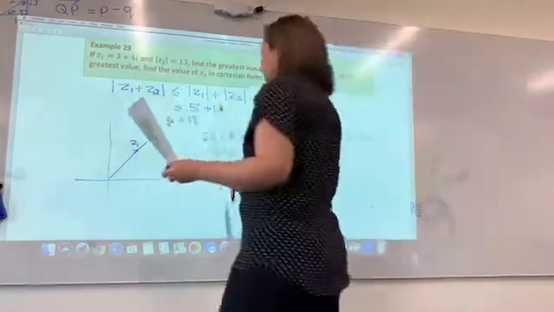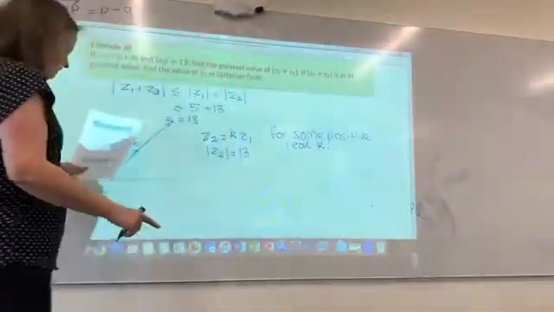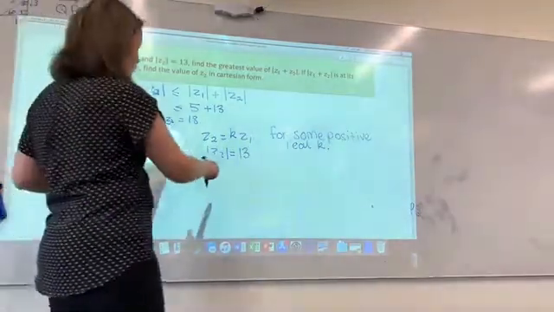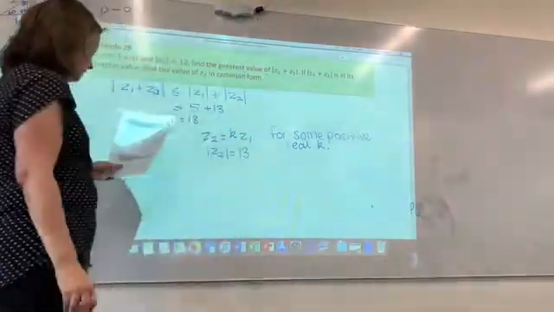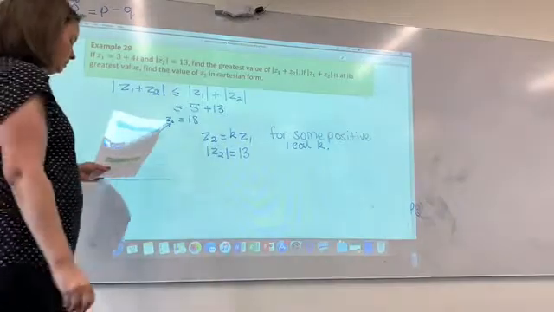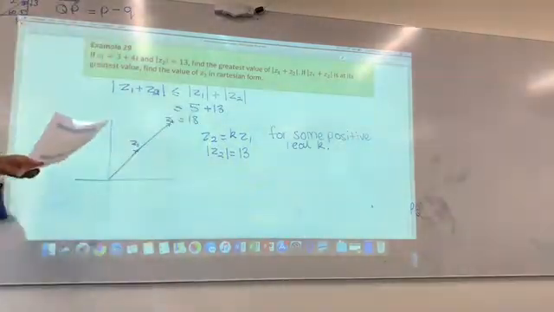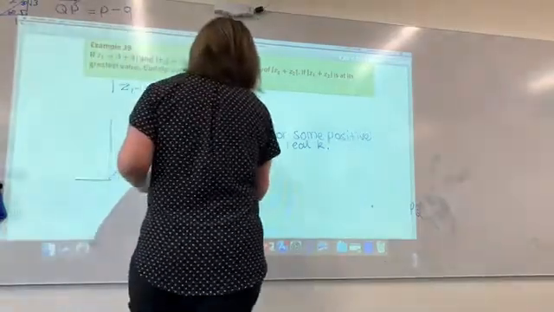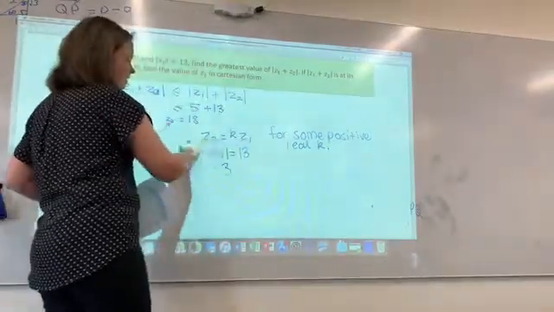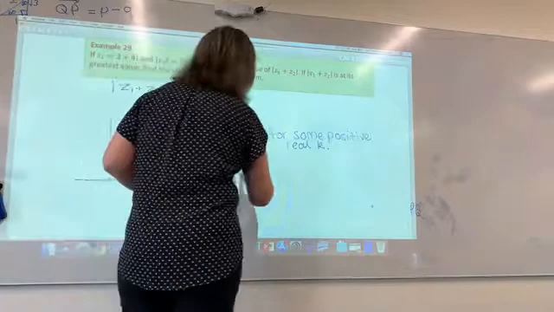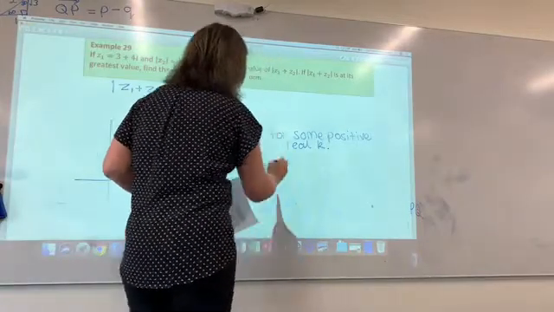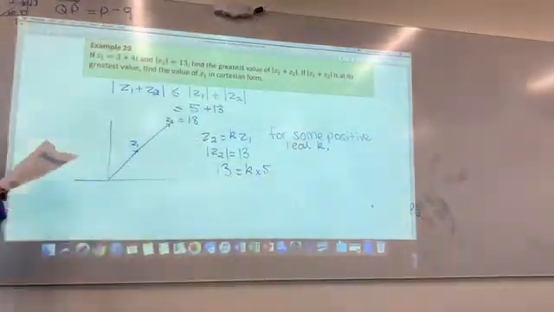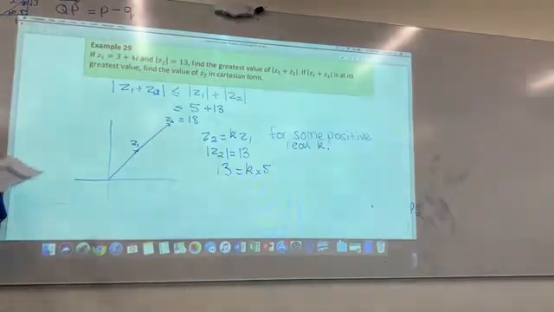Okay, so the modulus of Z2 is 13. Z2 is also equal to K times Z1, but the modulus of Z1 is 5. So if you think about the modulus of both of these, 13 must be equal to K times 5, because the modulus of Z1 is 5.